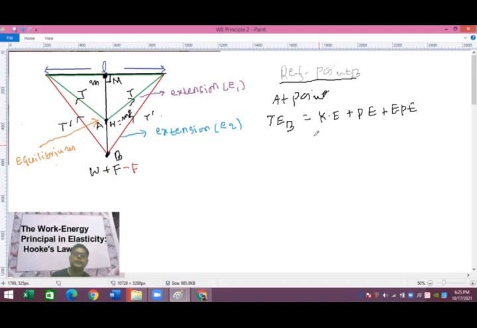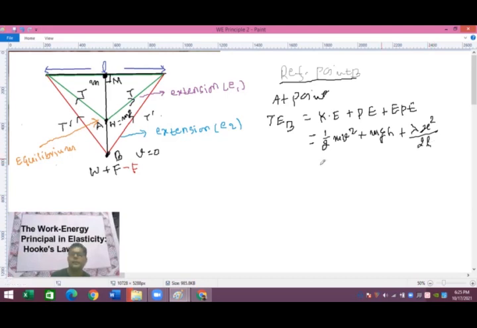Kinetic energy at this point: the velocity is 0 in the beginning and there is no position change, therefore there will be no potential energy. So you can write here half m v square, plus potential energy mgh, and then the elastic potential energy, lambda x square by 2 times the original length.